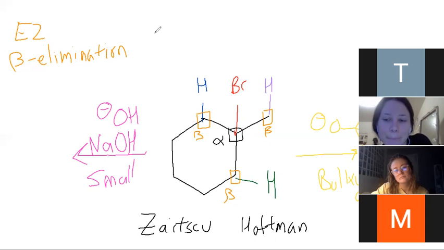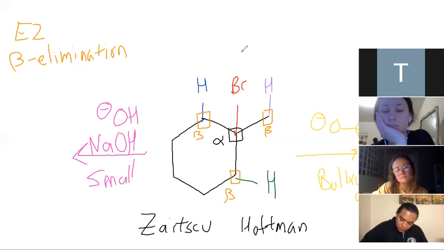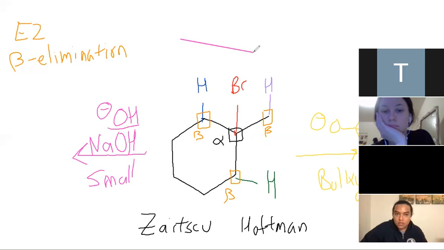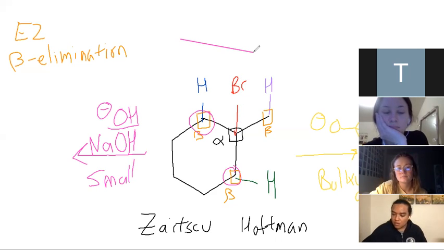And so in a Zaitsev elimination, essentially what happened is that Zaitsev used small bases. And so the end result is that if you use a small base like hydroxide, a base that doesn't have an isopropyl group or a tert butyl group, you will take the proton from a beta carbon that is more substituted.